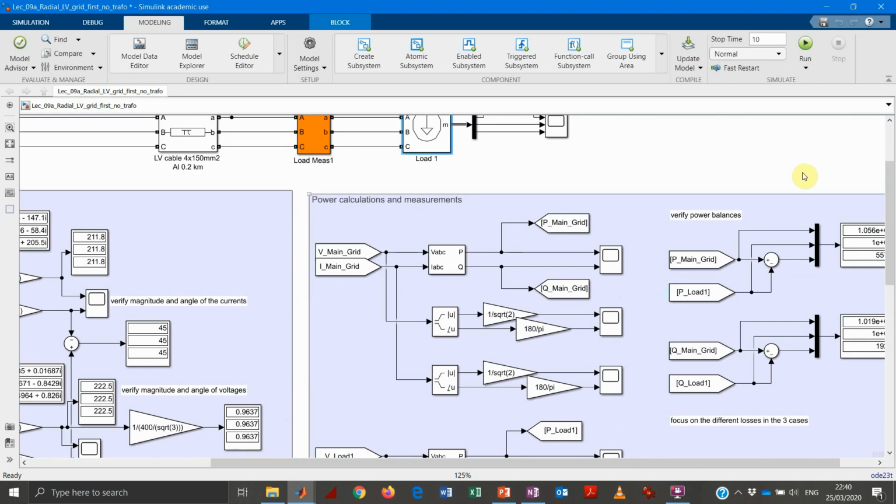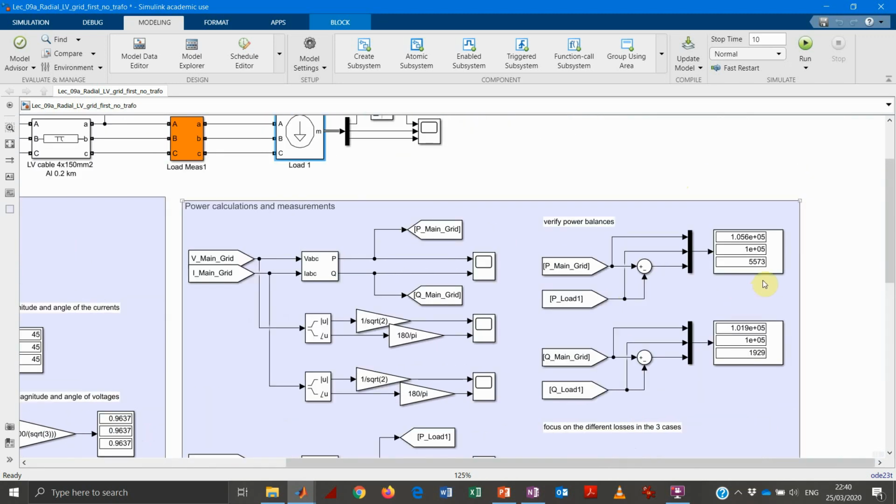Yes, and in the power balance, I get more active power losses in my system because my current increased. So that means I have more joule losses on the cable. And of course, I also have a way larger provision of reactive power from the grid than before, because now I need to supply this 100 kilovolt ampere reactive.